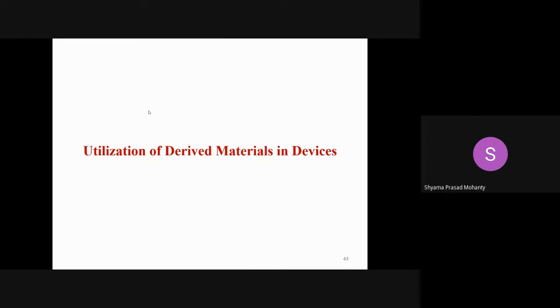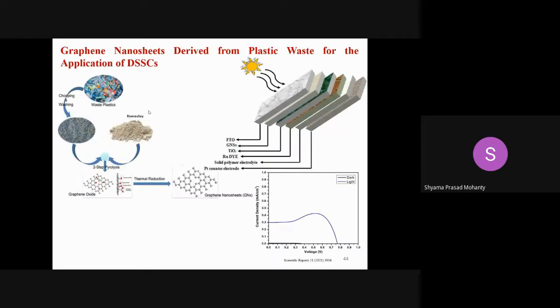So we discussed different materials, concepts, principles, and different types of devices. Now we will visit the devices where these types of materials have been used. I have already told about the preparation of graphene nanosheets from plastic waste, and it has been utilized in the fabrication of dye-sensitized solar cells.